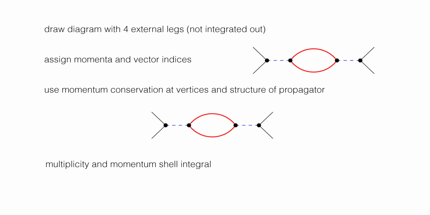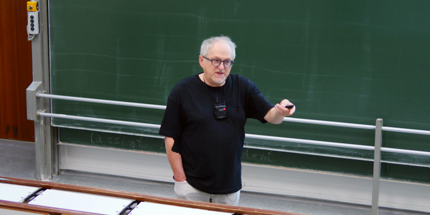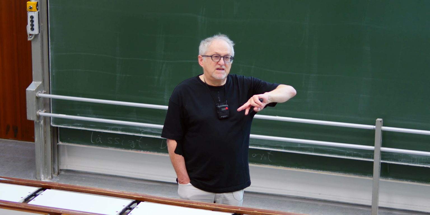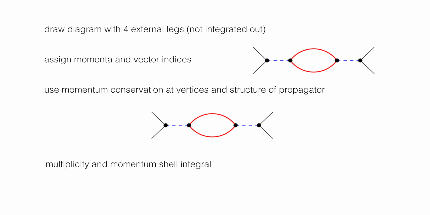You also have a delta function because the propagator that you use here, so if you connect this line with that line and draw a red connection, the propagator, because of the symmetry of your field theory, has a delta P plus Q. So you also have a momentum conservation along such a propagator.